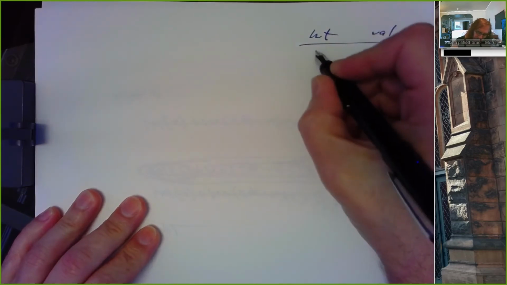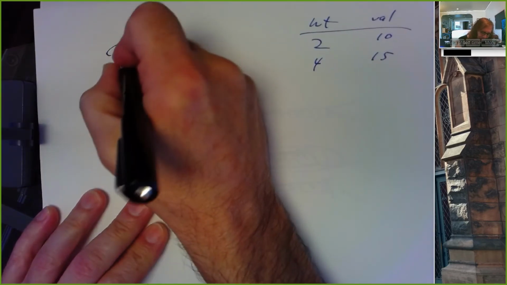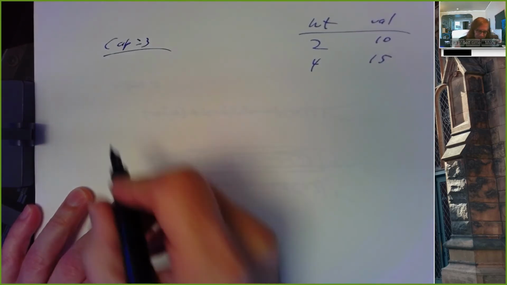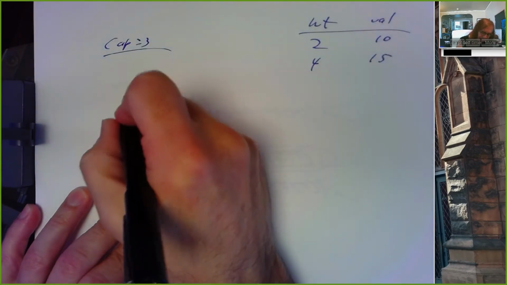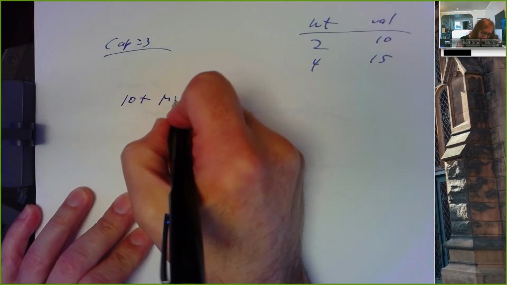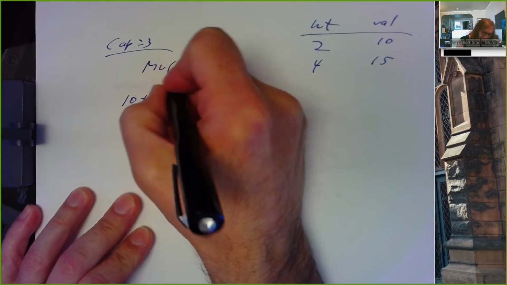So let's say I have a weight and a value, and this weighs 2 and is worth 10, and this weighs 4 and is worth 15. And your capacity equals 3. All right, so I'm going to do the following calculations. I'm going to calculate the value of this item, 10, plus maxval, so this is to find maxval of 3.